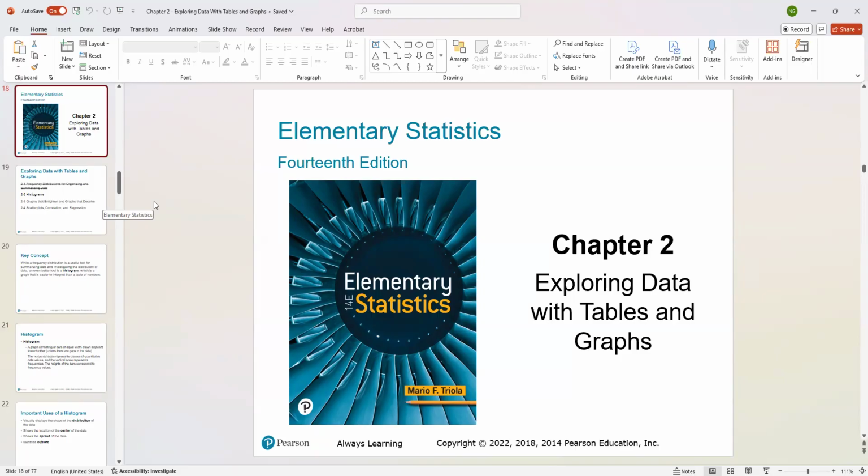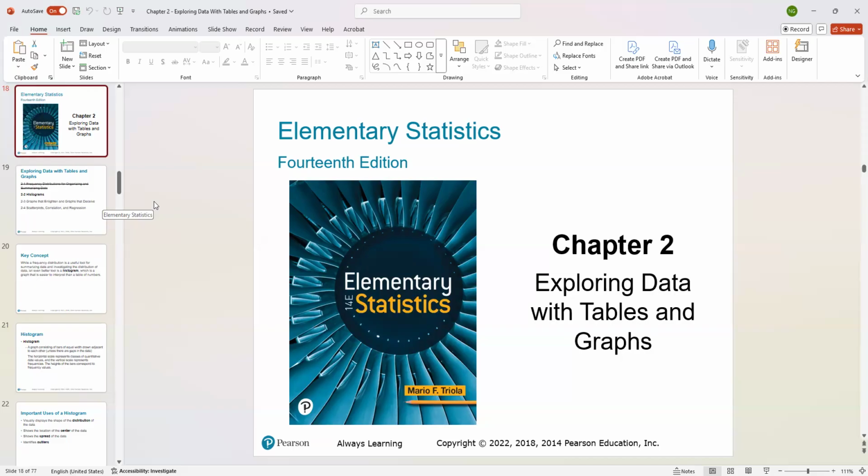If for some reason you missed our first video on this chapter, section 2.1, frequency distribution for organizing and summarizing data, I strongly advise you to go back and check the video I already posted, where we talk about how to summarize data in the format of a frequency distribution and a relative frequency distribution.